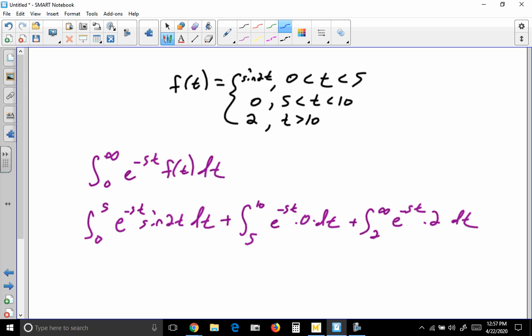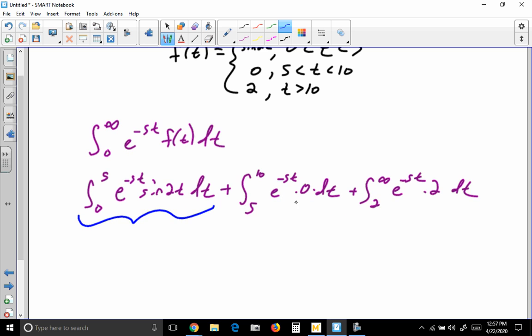So let's do this one lastly. The middle one, anything times 0 is 0, whether we put the 0 inside or outside. So that one's gone. On this last one, let's move the 2 into the front and leave everything else inside. This is going to be e to the u du.